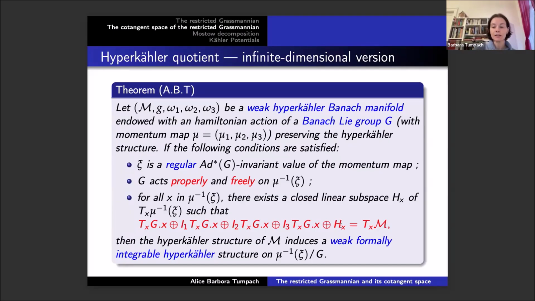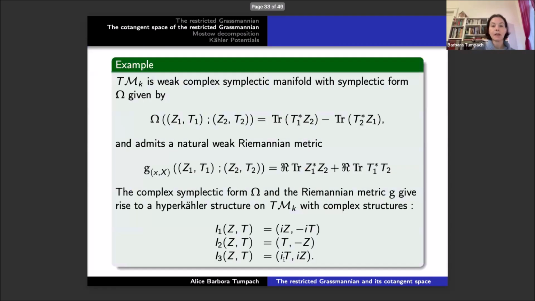So this is just a technical assumption here. And in this case, we can do the same in infinite dimension in the Banach setting, and we also get that the quotient space of the level set of the moment map by the group G has a weak, formally integrable hyper-Kähler structure.